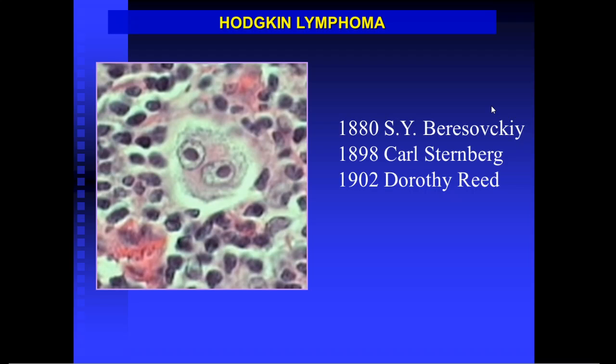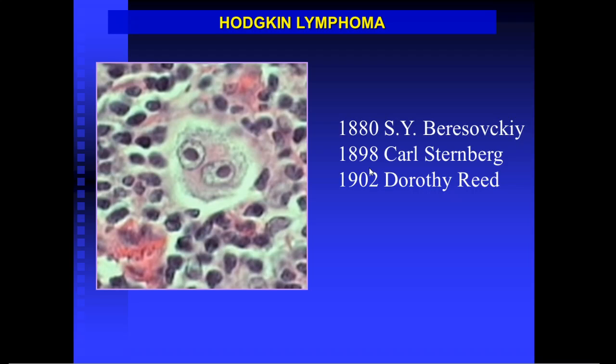So in Eastern world literature, you can find the name Berezovsky-Reed-Sternberg. It depends, you see, on the time when these scientists saw this cell for the first time.